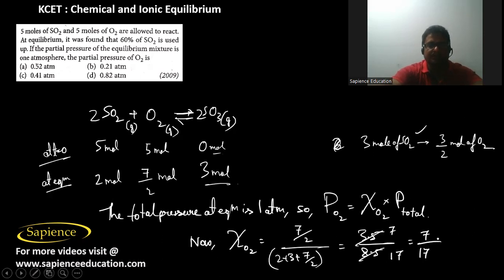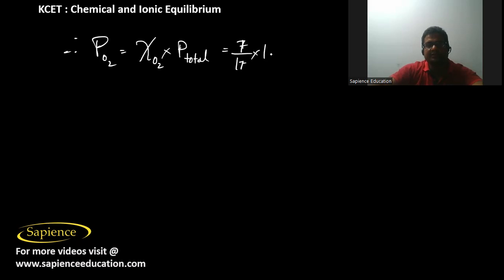Therefore, the partial pressure of oxygen in the equilibrium mixture is the mole fraction of oxygen times the total pressure of the equilibrium mixture, which is 1 atmosphere. So it is 7 by 17 times 1 atmosphere, equal to 7 by 17 atmosphere.